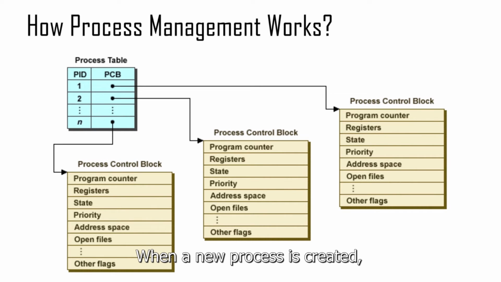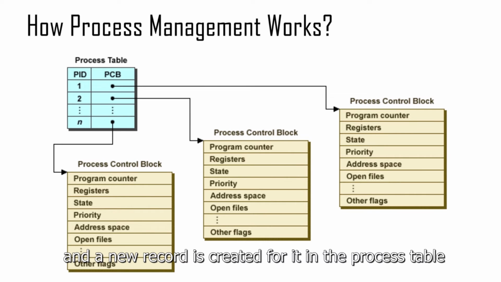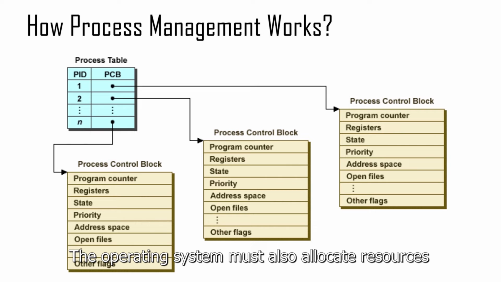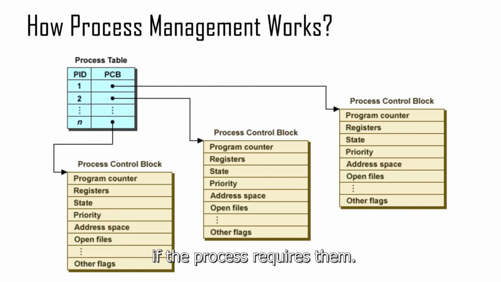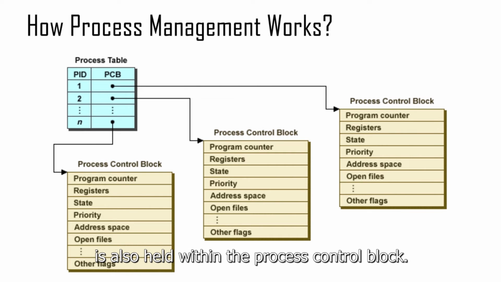When a new process is created, it is given a unique process identification number, known as PID, and a new record is created for it in the process table, which includes the address of the process control block in memory. The operating system must also allocate resources such as access to I/O devices to a process if the process requires them. Information about the resources allocated to a process is also held within the process control block.